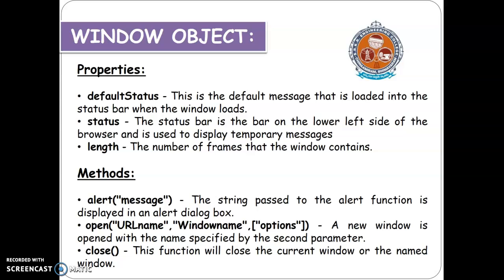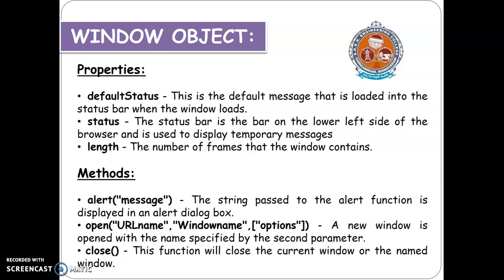Window object properties. Default status: the default message is loaded into the status bar when the window loads. Status: the status bar is the bar on the lower left side of the browser and is used to display temporary messages. Length: the number of frames that the window contains.